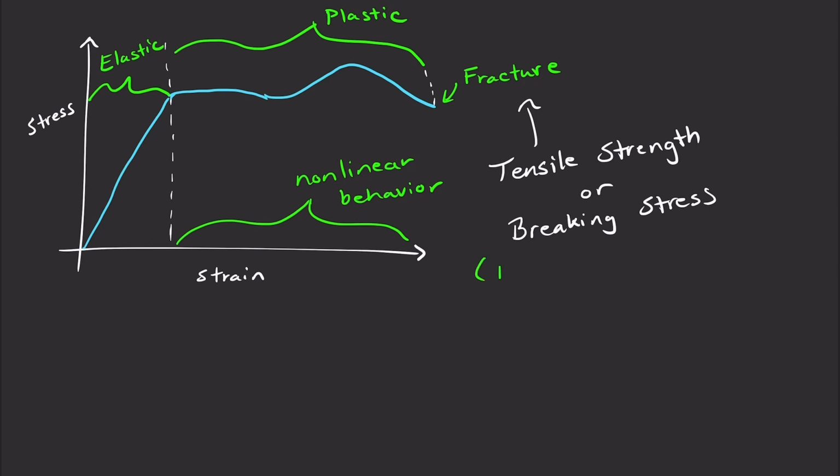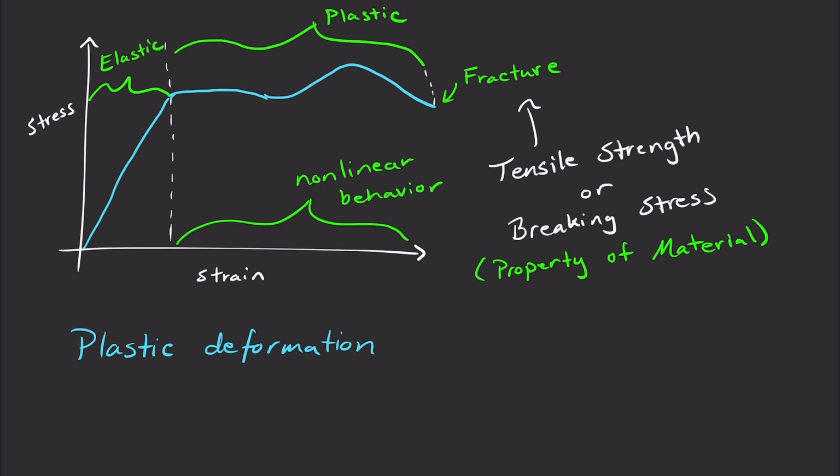Both of these are properties of materials, just like Young's modulus, the bulk modulus, all of our moduli. Plastic deformation would cause an object not to return to its original length, like an elastic object or a spring would.